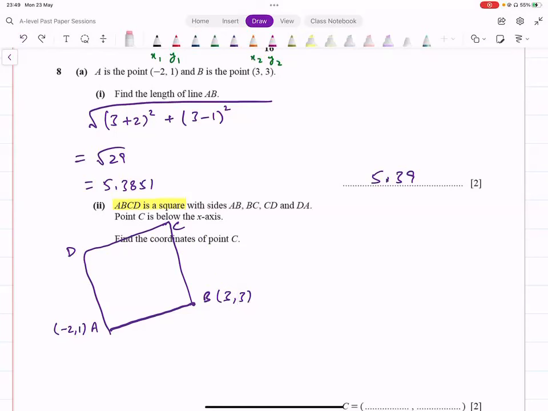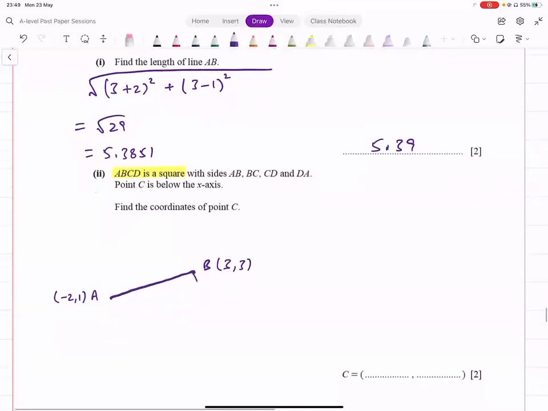So C आपका कहाँ पे होना चाहिए? ये जो फिगर बननी चाहिए वो उल्टी बननी चाहिए कि C should be below there. ये नीचे क्या होना चाहिए? Okay. और D भी इस तरह नीचे होना चाहिए. So your square might look something like this. तो कुछ इस तरह का आपका स्क्वायर होगा. This should be point C, this should be point D.